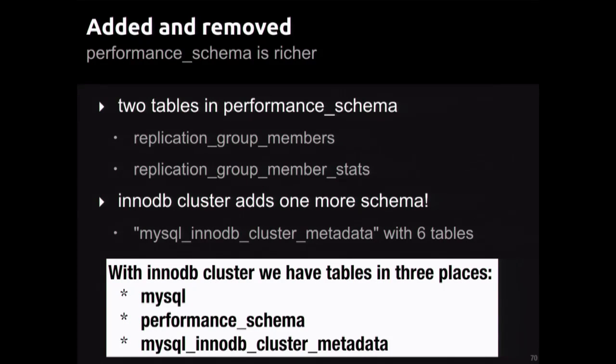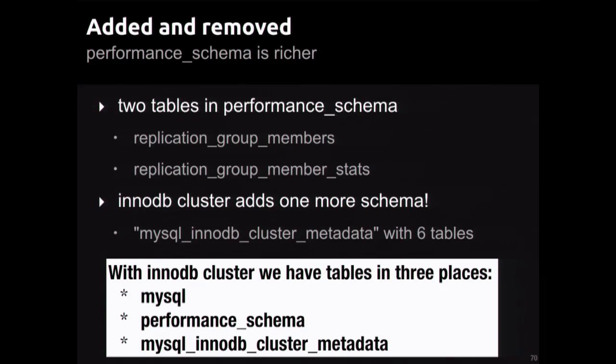What do you find? There is replication group members and replication group member stats that tell you the information about what happens, how ready the nodes are, and what you can do with them. If you are using InnoDB clusters, in addition to that, you have one more schema.